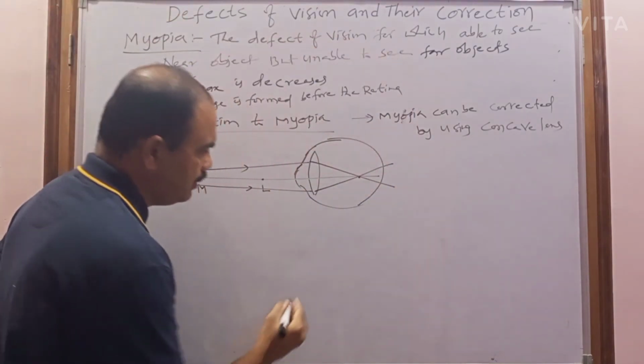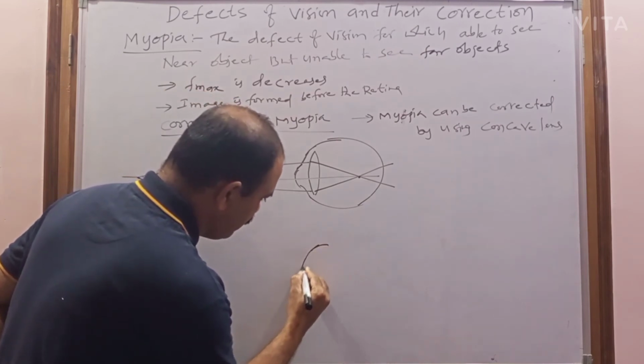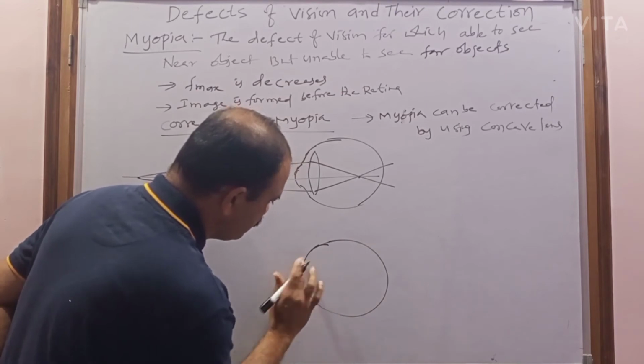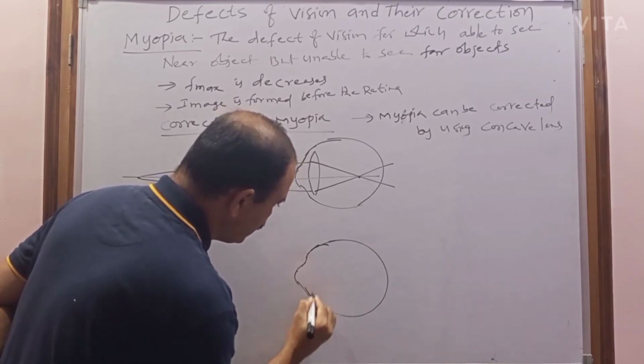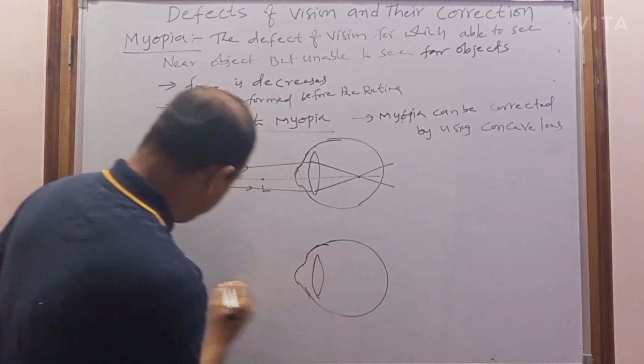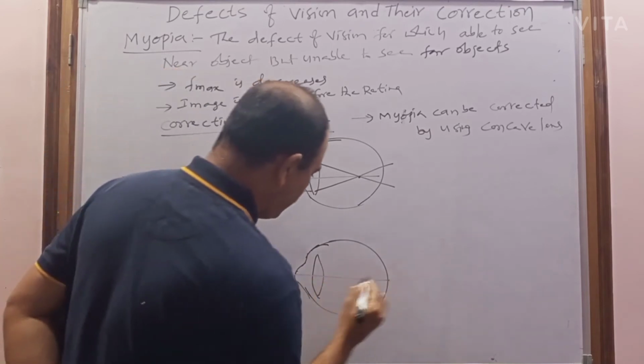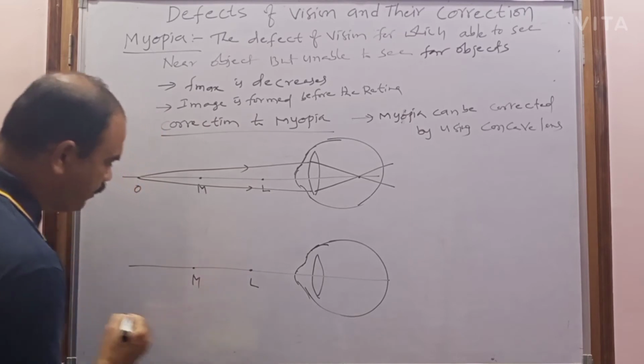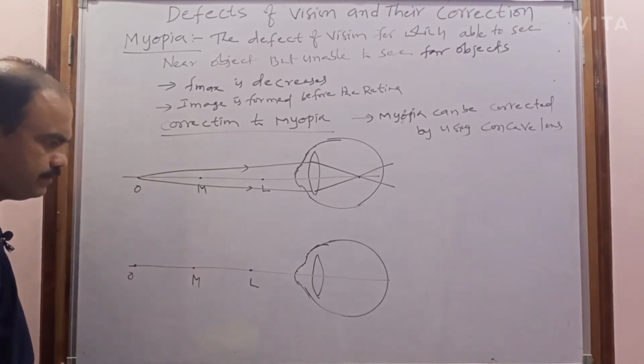So now consider, this is the eye suffering with myopia. This is a human eye. So who is suffering with myopia? Now consider this is the L and this is the M. Now where is the object? Here is the object.